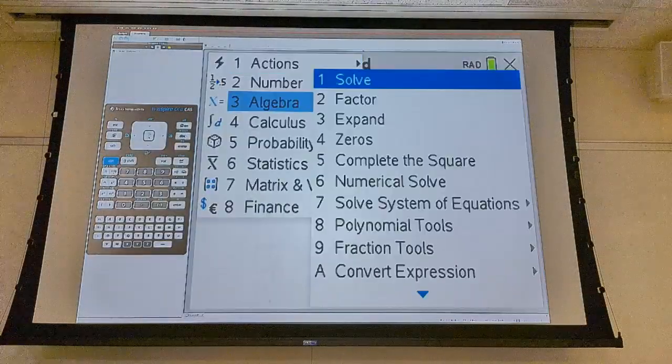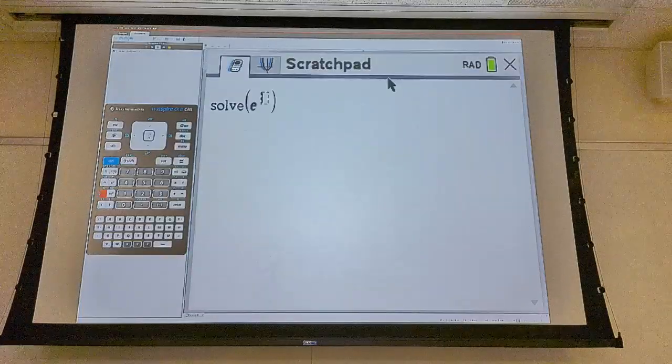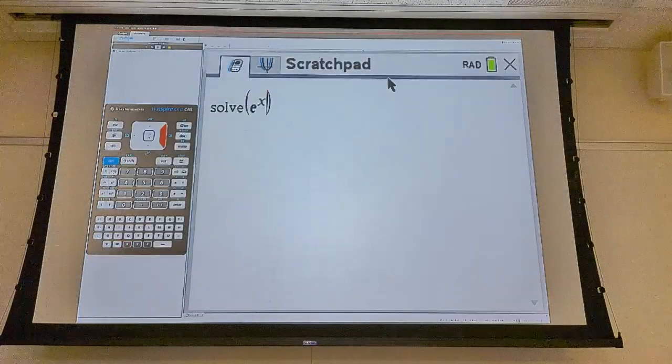Then you algebra solve. E to the x divided by, you said it was minus 2x, right? Versus plus 2x. Minus 2x plus 0.